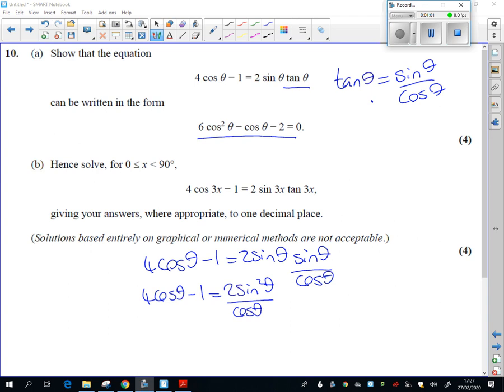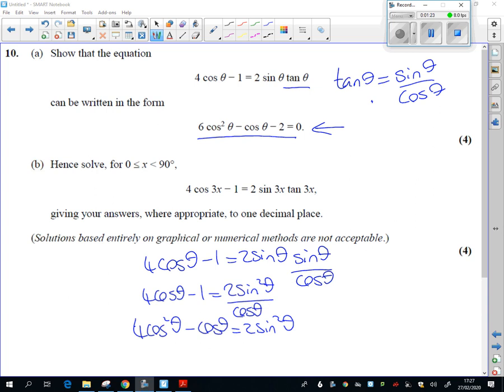Then that fraction is looking a bit awkward, so I'm going to multiply through by cos theta. Okay, and then I'm going to constantly be reviewing what it is I'm trying to get to, and I'm trying to get to a quadratic that is just in terms of cos squared theta and cos theta.